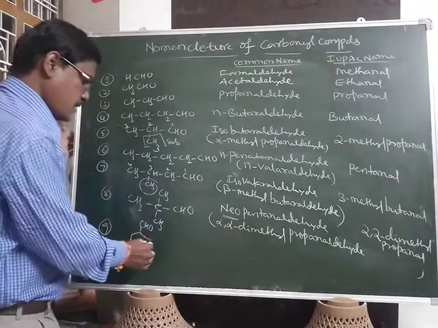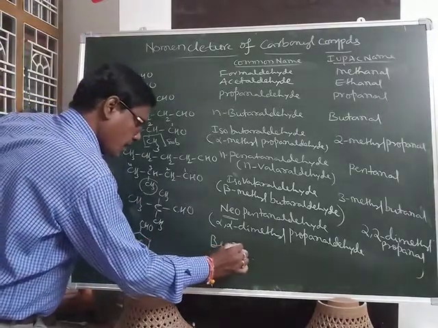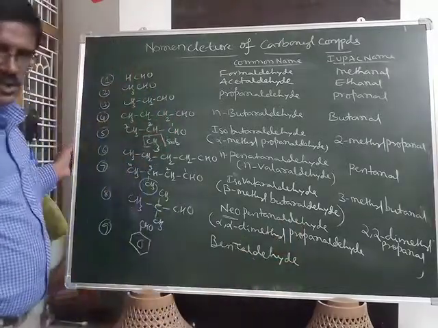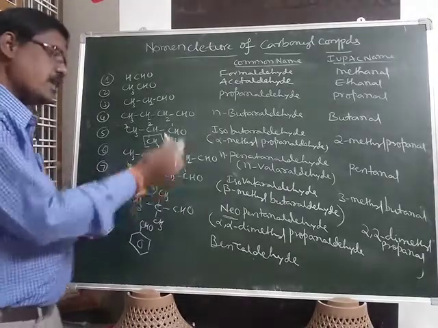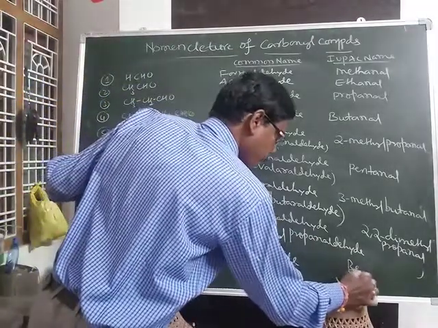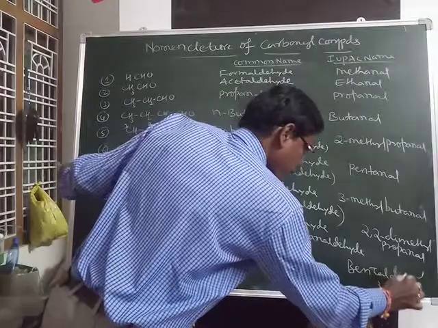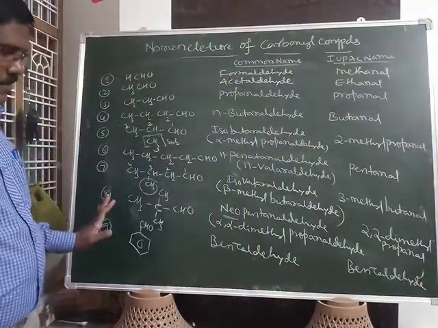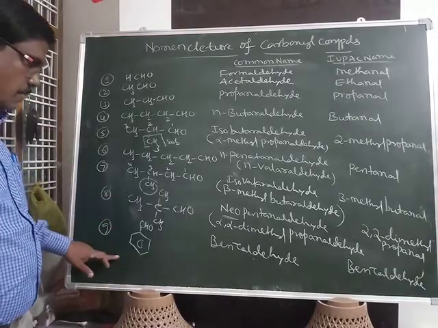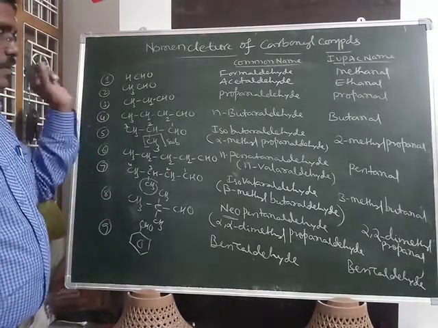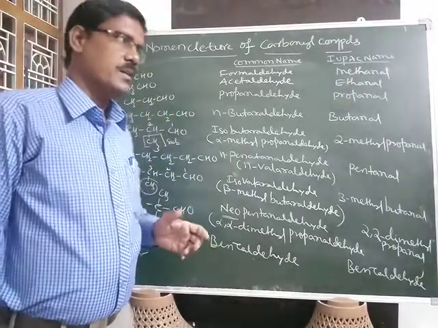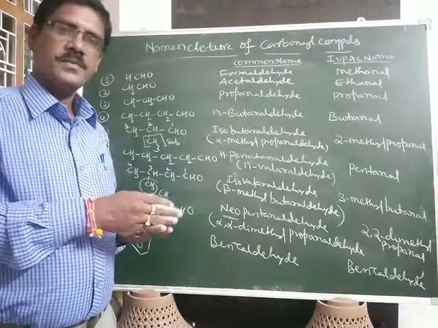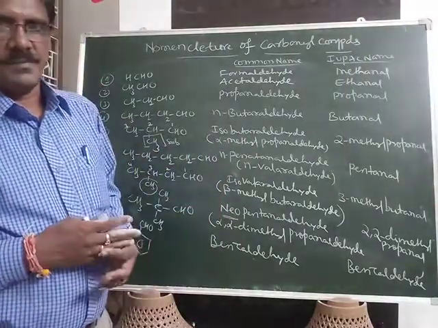The last one is benzaldehyde. Here the IUPAC name is also benzaldehyde. Okay, this is very important: the common name and the IUPAC name of this compound is benzaldehyde only. Benzene is a common name and also its IUPAC name.